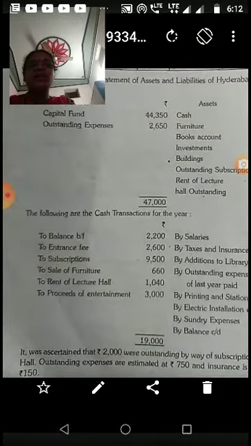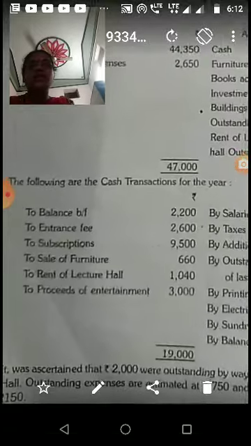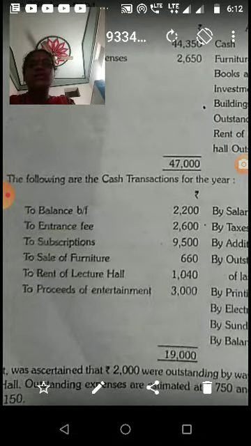The following are the cash transactions for the year. Balance brought down 2200, entrance fees 2600, subscriptions 9500, sale of furniture 660, rent of lecture hall 1040, proceeds of the entertainment 3000.